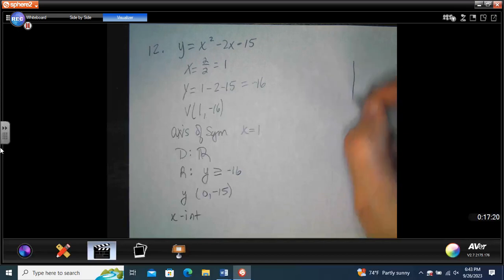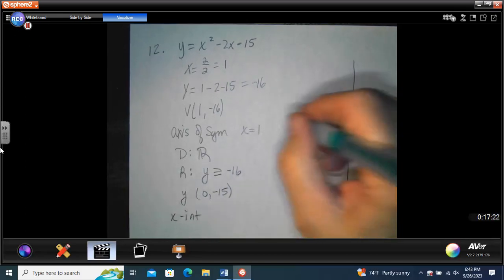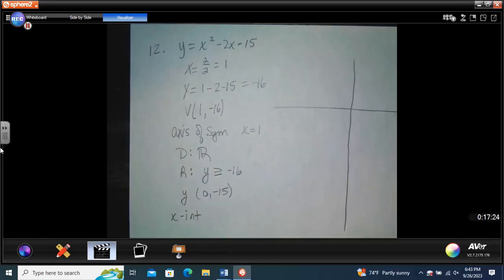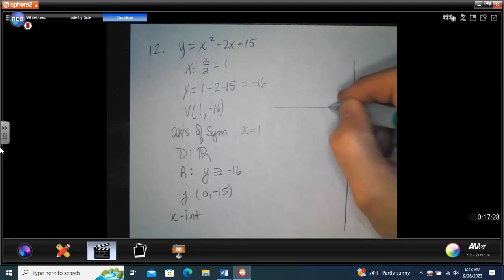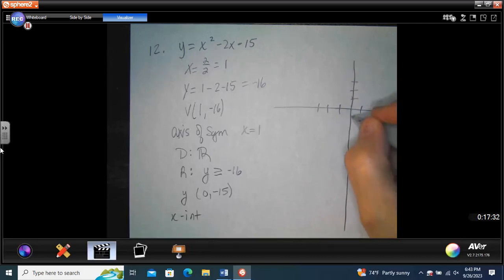So I'm going to put my x-axis kind of way up here because I said so. No, because I need to go down to negative 16. So 1, 2, 3, 4, 5, 6, 7, 8, 9, 10, 11, 12, 13, 14, 15, 16, 17, 18.